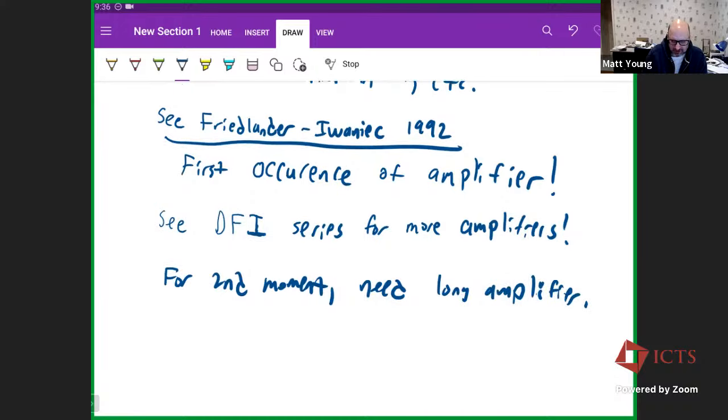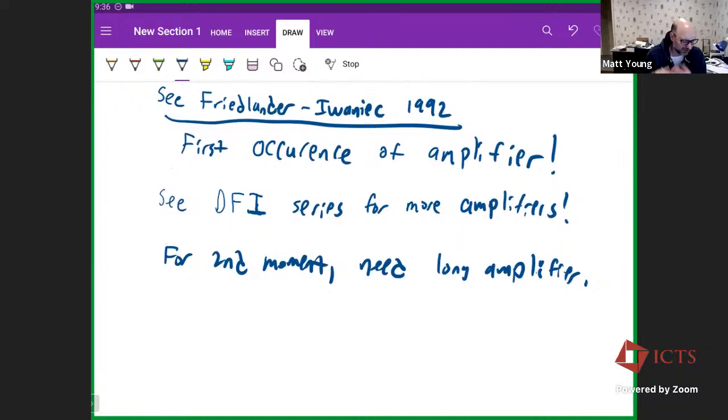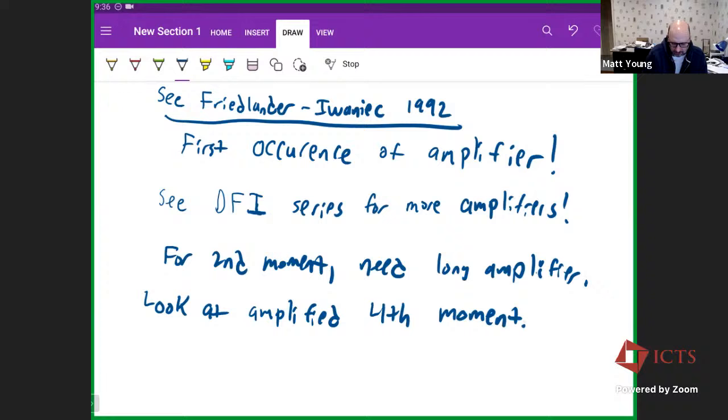I think it's better to just try to explain what's going on. Maybe we should look at the fourth moment instead, because for the amplified fourth moment, you only need a short amplifier.